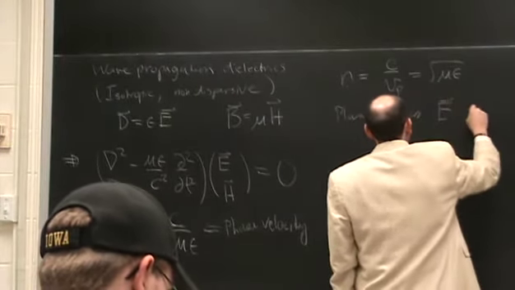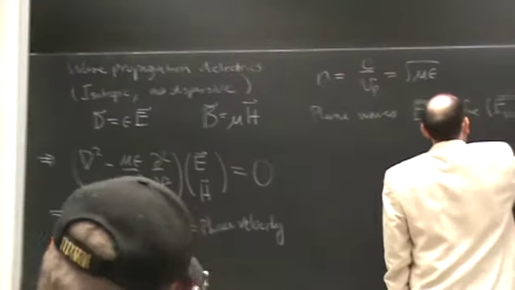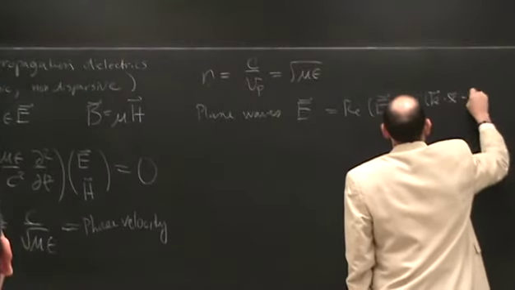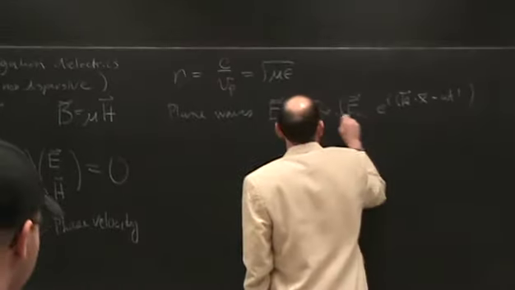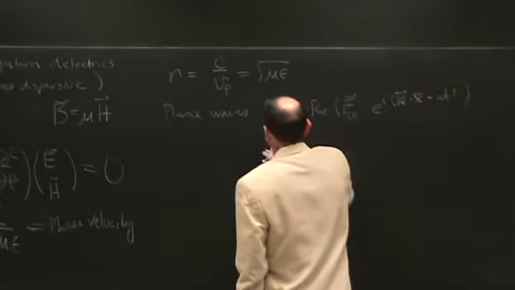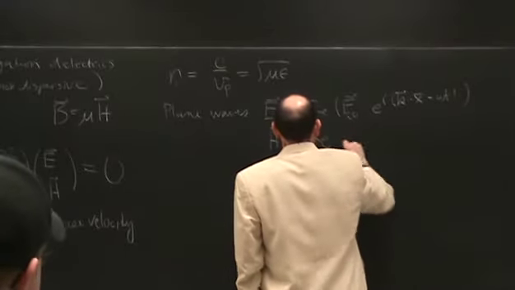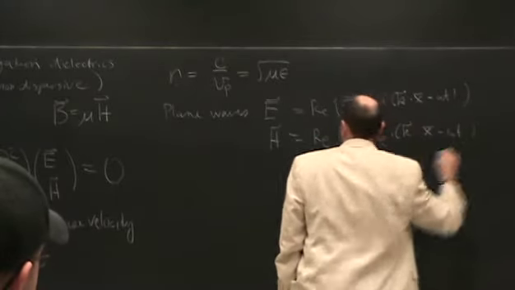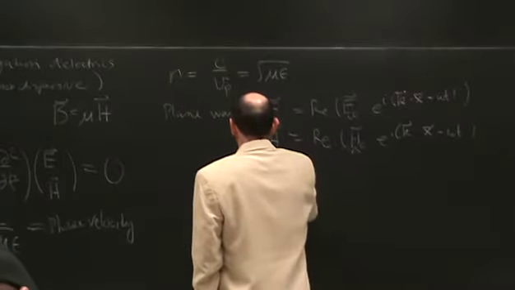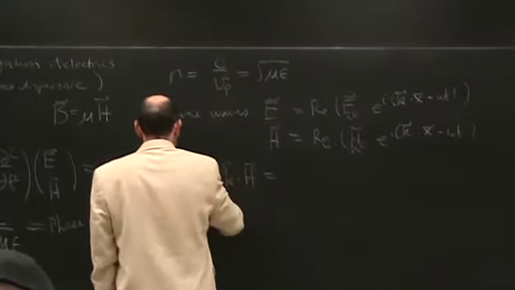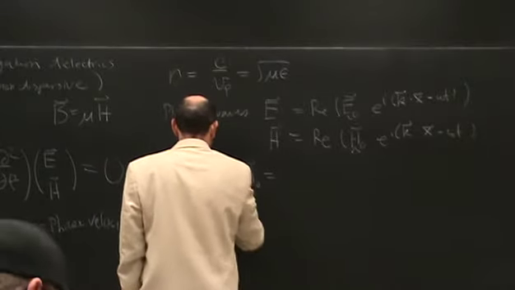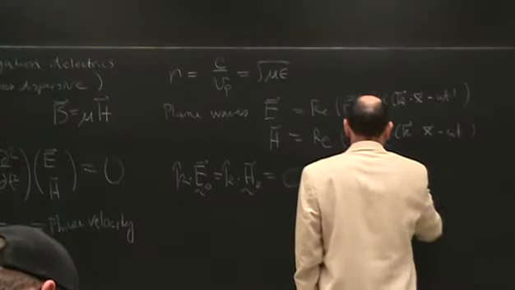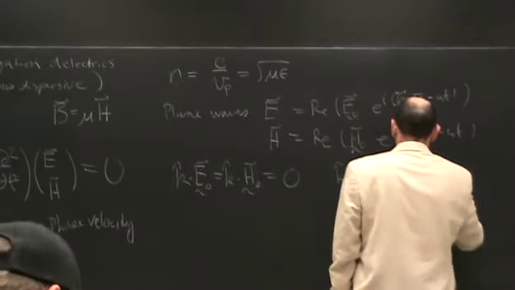where we wrote E and H in terms of the usual kind of complex amplitude, where E and H were transverse and satisfy the usual relationships.